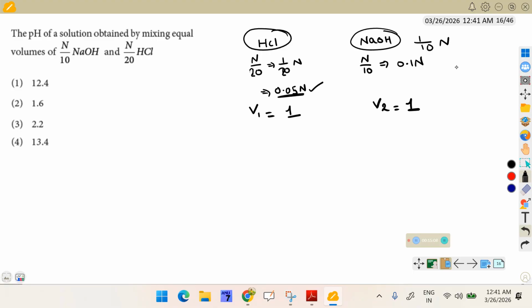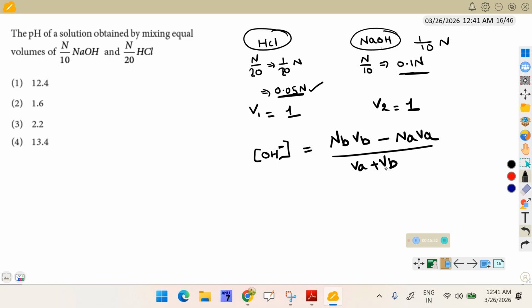Which is in excess amount? Which concentration is more? NaOH concentration is more. So OH minus ion concentration is equal to (NbVb minus NaVa) by (Va plus Vb).